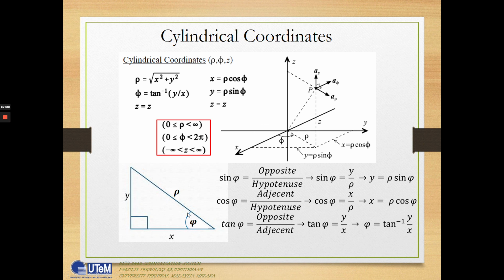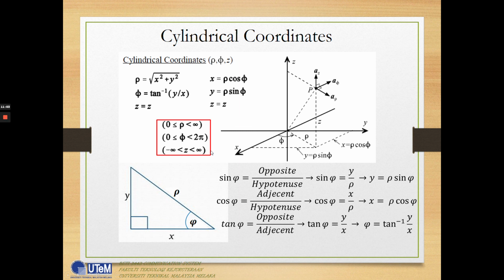This is adjacent, because adjacent means next to this angle, and this is hypotenuse. So x over rho. So we get x is equal to rho cos phi. As simple as that. And this one we get what? Tan phi is equal to y by x, similarly, opposite by adjacent. And phi is equal to tan inverse of y divided by x. So this is how we get these values, as simple as that.